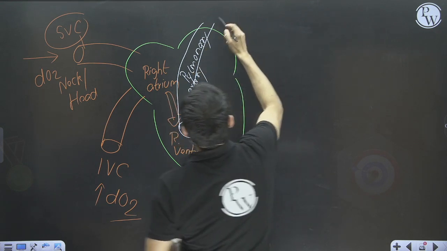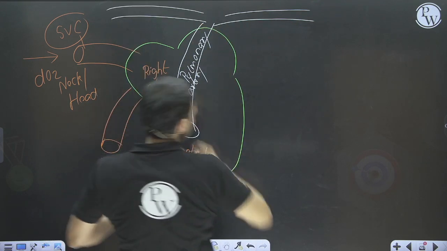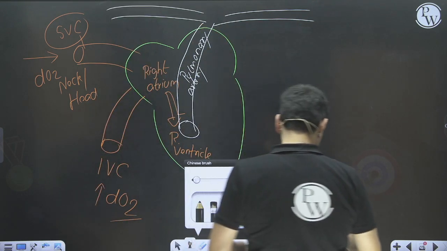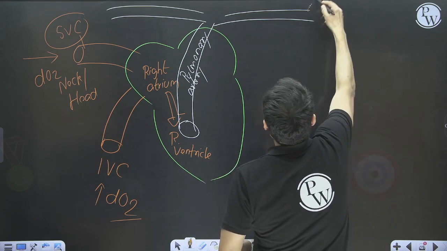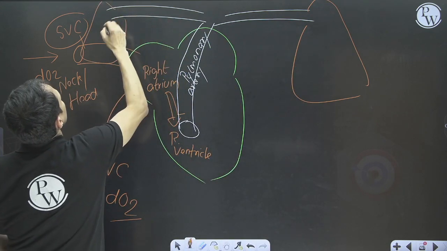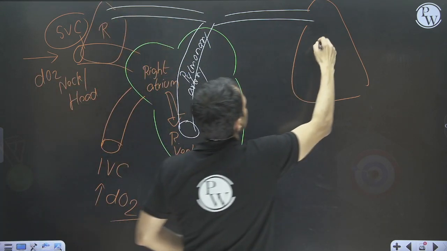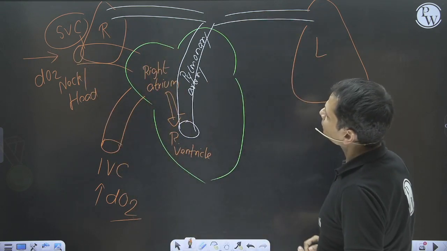And the pulmonary artery basically goes to the two lungs. You see, there are two lungs. This is the right lung, this is the left lung. So the pulmonary artery takes the deoxygenated blood to the two lungs, right?